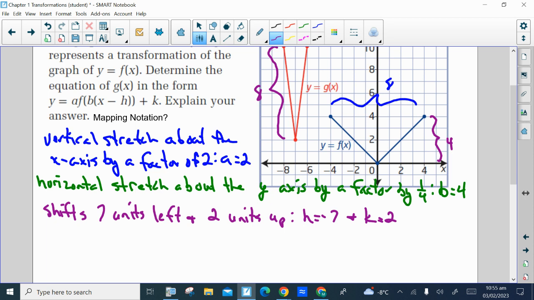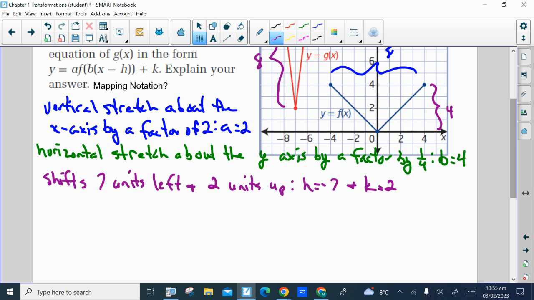Even though it is an absolute value function, they didn't give it to us in that form, so we need to write our new function in terms of f, not in terms of an absolute value function, because we weren't told that. And what the difference really is here is the original graph and the new graph have a definite starting point and ending point. There's no arrows on the tops of those graphs, which means they start and they stop. Otherwise, we could write it as an absolute value function. Because if you have an equation, unless you're told there's restrictions, it would mean that the graph goes on forever. But this one doesn't. So therefore, it's just y equals f of x.